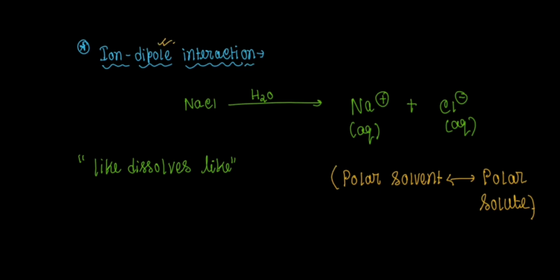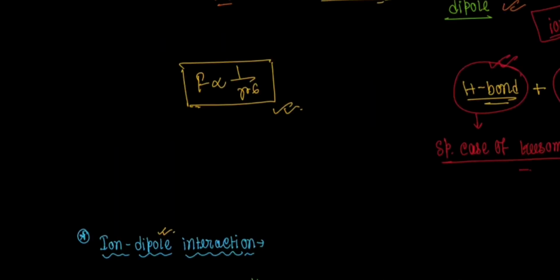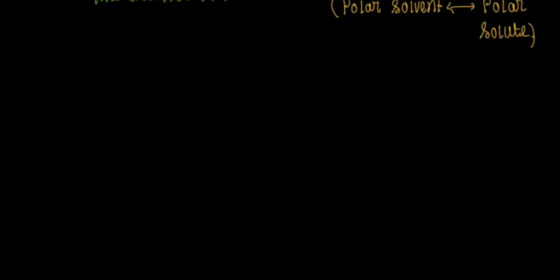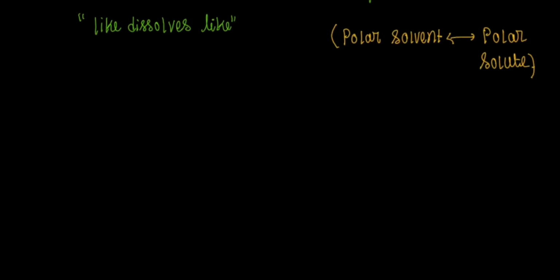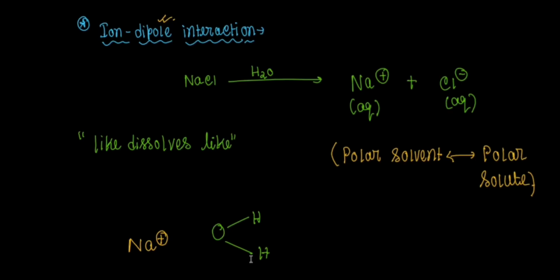What happens when sodium ion Na+ is getting dissolved in water? Let's say I have a sodium ion and I have a water molecule. You know that sodium gets dissolved in water very easily, right? Now, why is it happening?